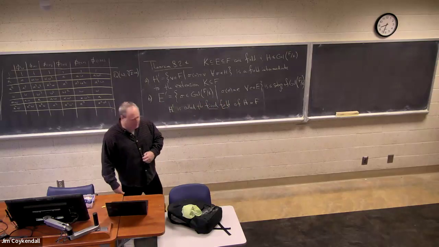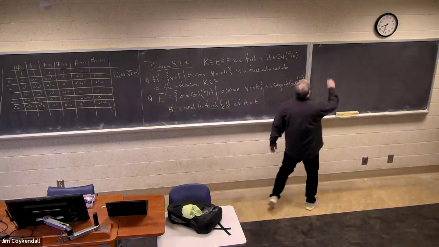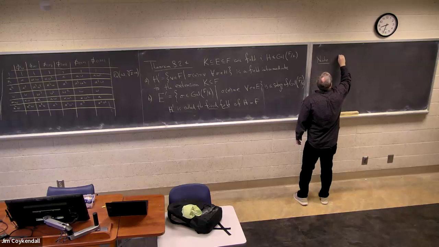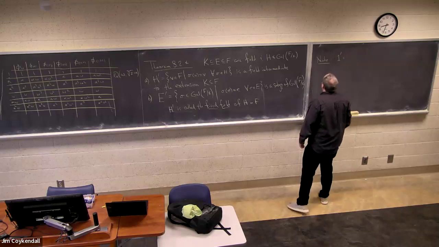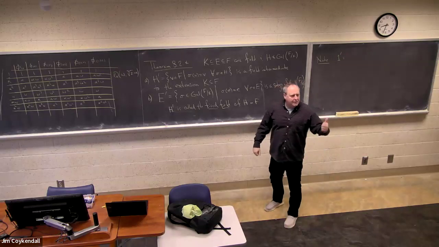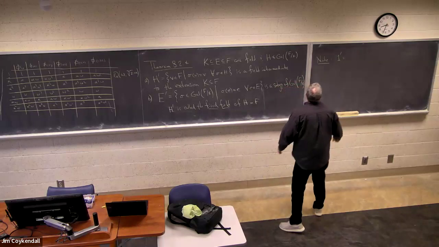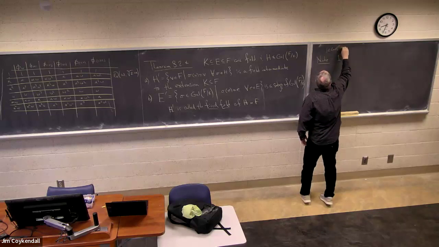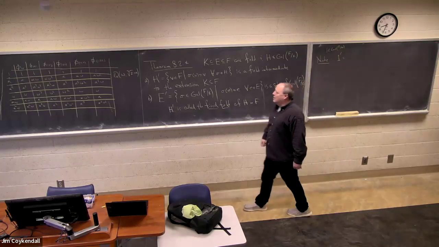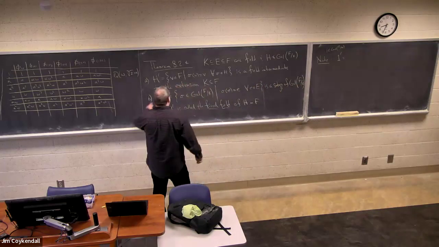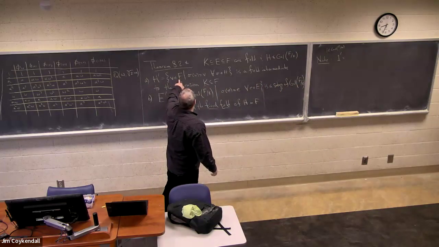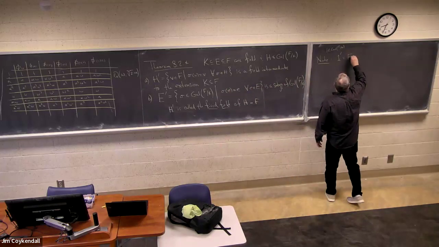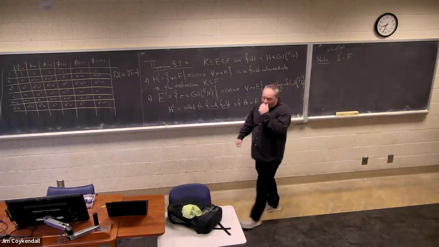Let me point out, by one, I mean the identity element. So this is the identity automorphism. What's one prime? It's all the stuff in F that's fixed by one. Okay, I know what this is. This is all of F, right?